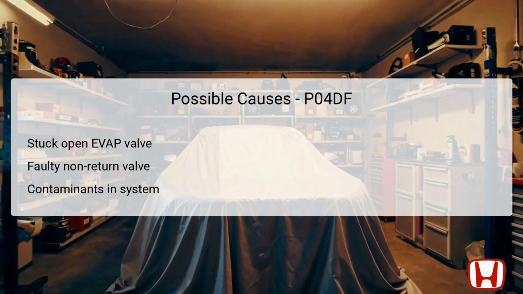In addition, contaminants in the EVAP system can affect its functionality, leading to incorrect readings and high purge flow. Each of these causes necessitates a methodical approach to troubleshooting, as resolving any one of these issues can help restore the EVAP system to proper working order. Identifying the exact cause is crucial to effective repairs and ensuring the vehicle meets emissions regulations.